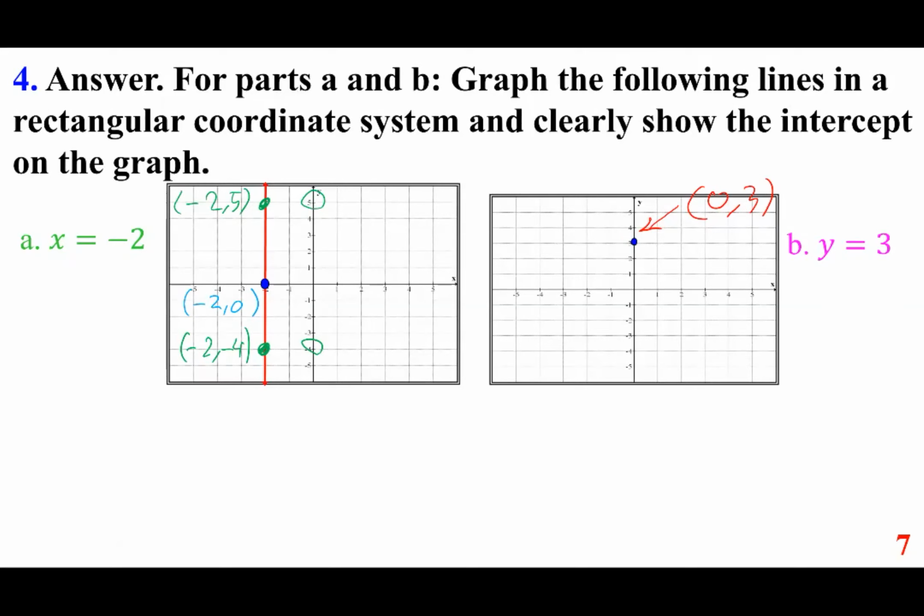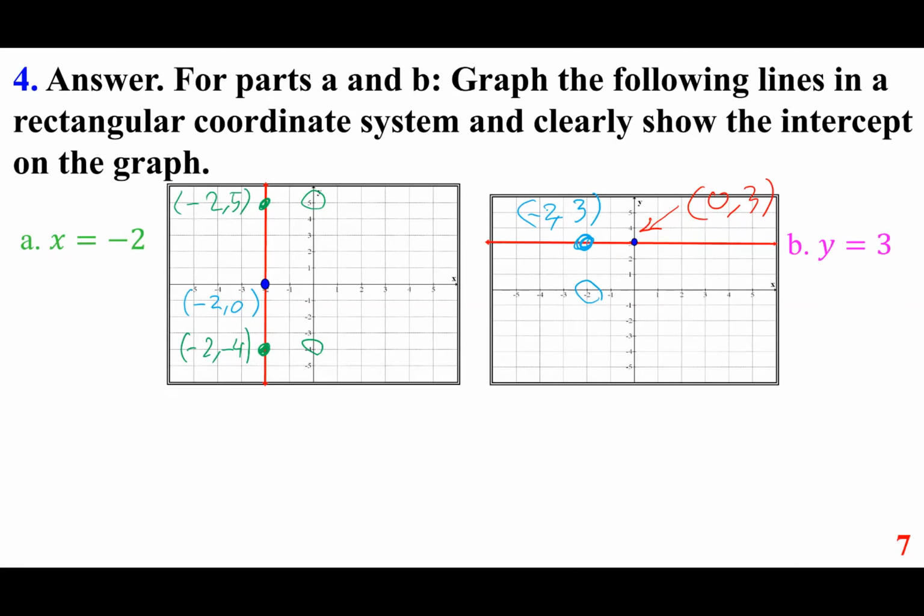And then you draw a line parallel to the x-axis, or perpendicular to the y-axis. So if I pick a point like here, for example, well, I know the y coordinate, but what is the x coordinate? I just do the reading. That's it. So it's very easy to draw a horizontal line as well.